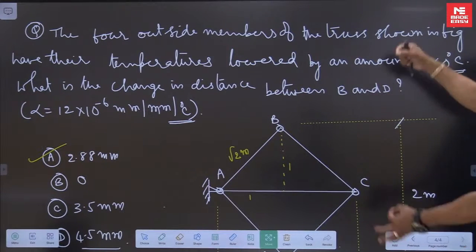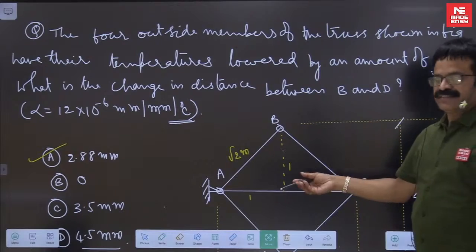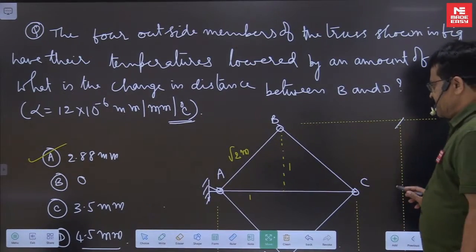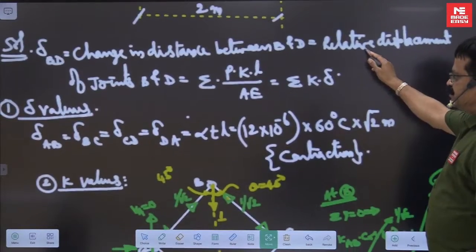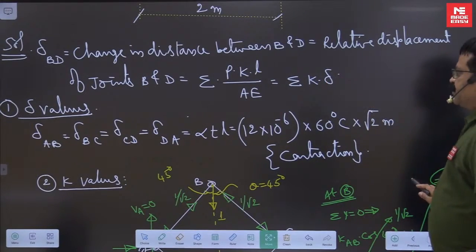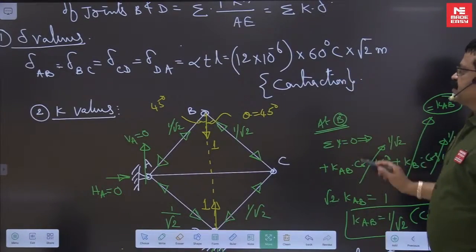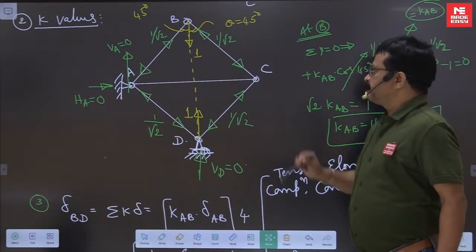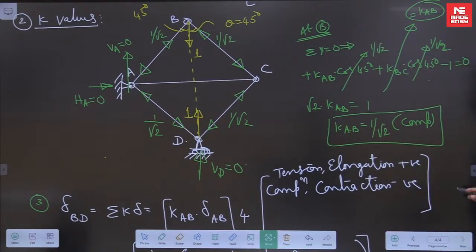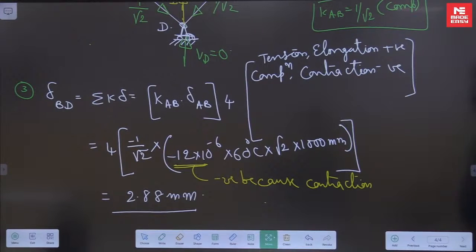How much did the distance between B and D change? Means relative displacement he is asking. So for the change in relative displacement, K delta values are same, K values are also same. Okay, now multiply them.